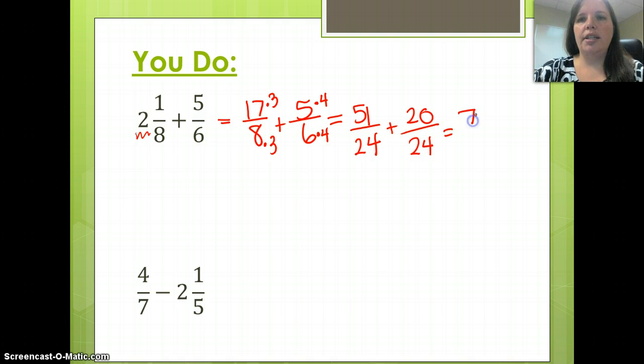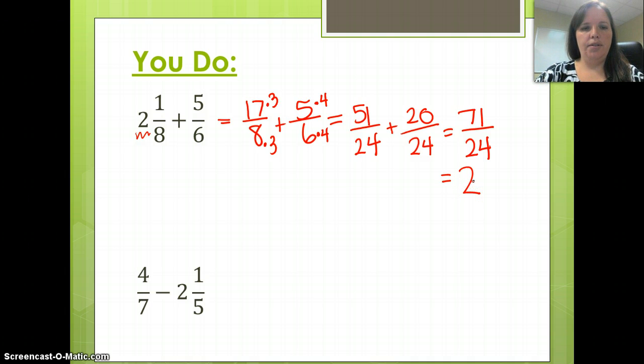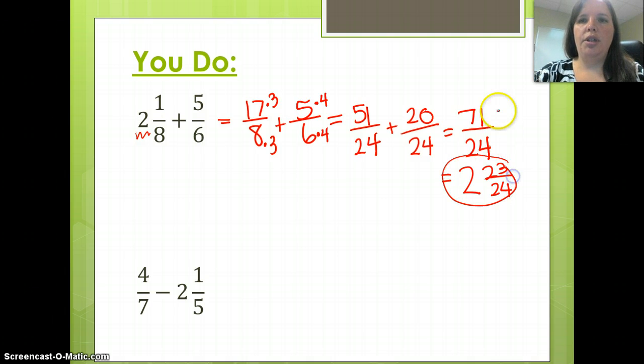Add those together, and that's 71/24. And if you want to change it into a mixed number, you can. That is 2 and, let's see, 71 minus 48, 23/24. So either one of those answers would be acceptable.